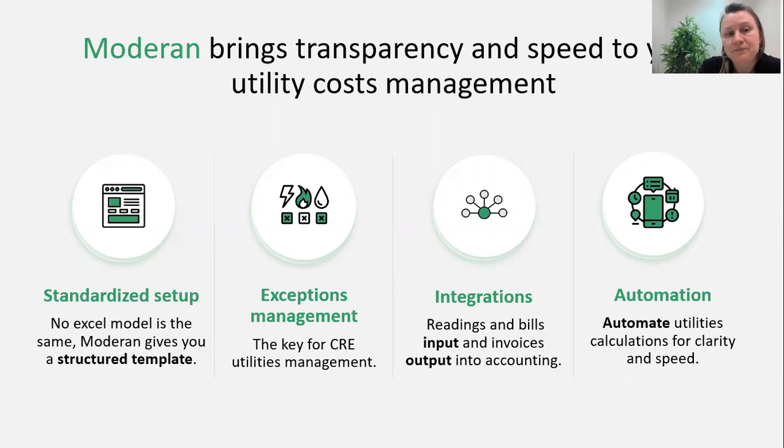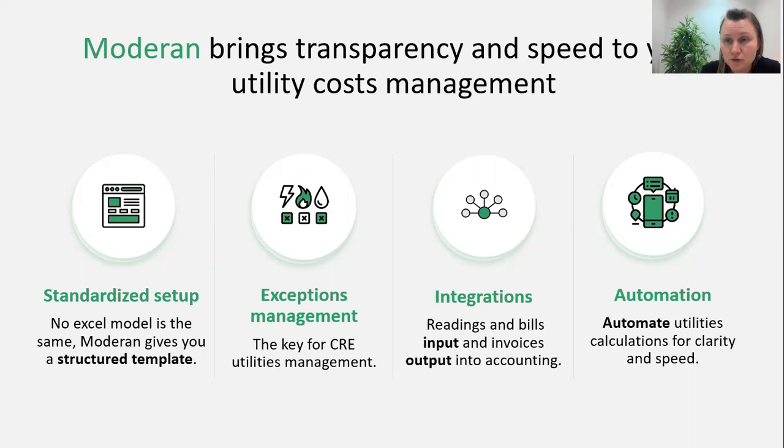To sum it up, it is our goal to help commercial landlords get more transparency and speed in utility cost processing, which is, as we discussed, less glamorous, but still a relatively time-consuming and no less important part of managing properties. As we're seeing, the main ways to make it more transparent and efficient are, first, to use the standardized setup that Moderan is offering.